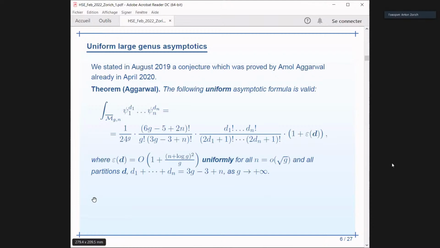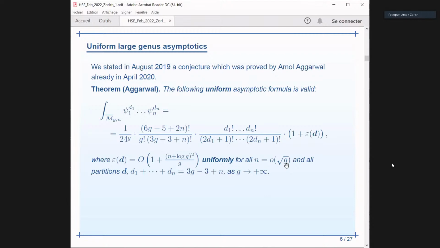So this theorem states that you consider all these intersection numbers at once. So in other words, you suppose that genus g is sufficiently large and n is not too large compared to genus, meaning that it's considerably smaller than square root of g.